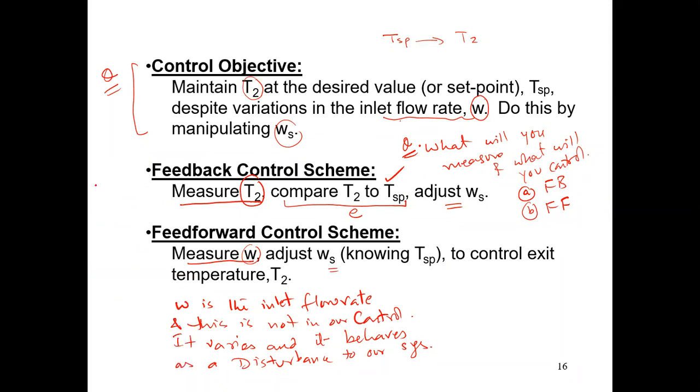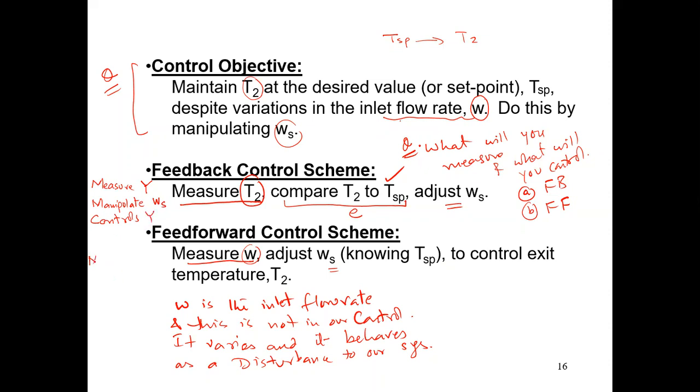Okay, so in feedback control we measure the output y and we manipulate the manipulated variable, of course, which is ws, and this actually controls the output y.